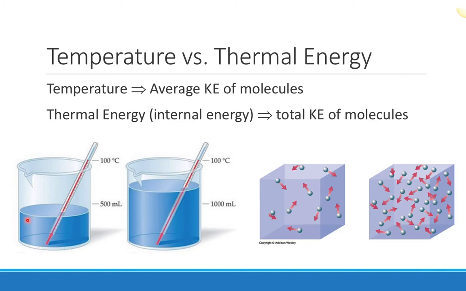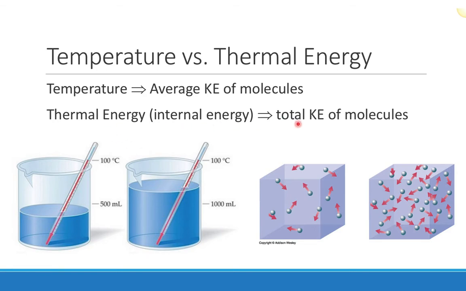So the average kinetic energy of the molecules on the left would be the same as on the right, because average means we sum up all the kinetic energies and then divide by how many of them we have. Even though we have more of them here, we're taking an average. So same temperature, but different amounts of thermal energy.